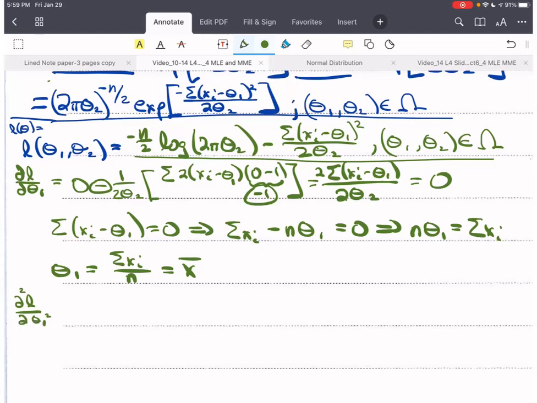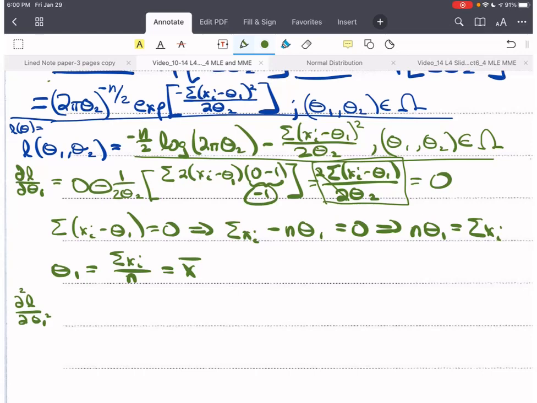I always get those notations mixed up a little bit. And so I have this as that. In fact, I had a 2 here, so these 2's cancel, don't they? The 2's canceled there.